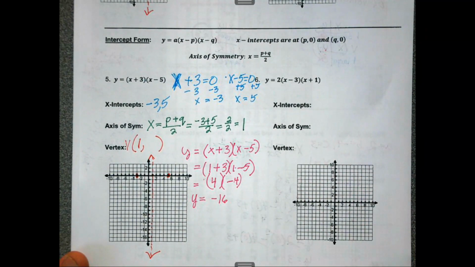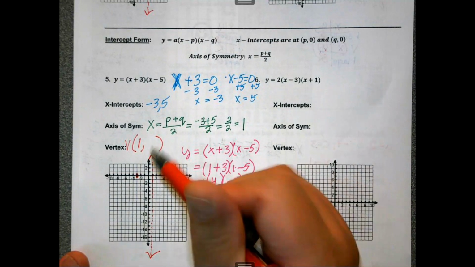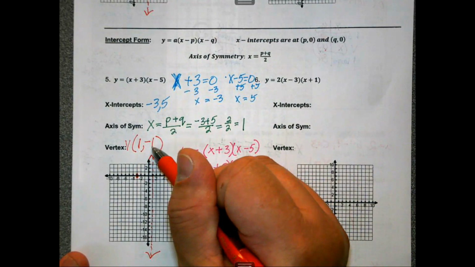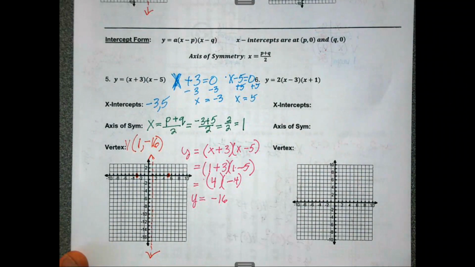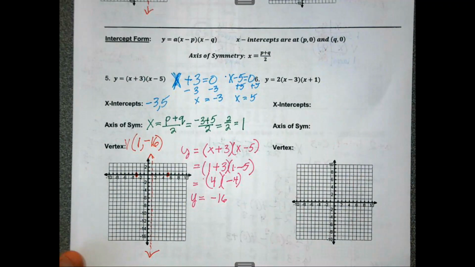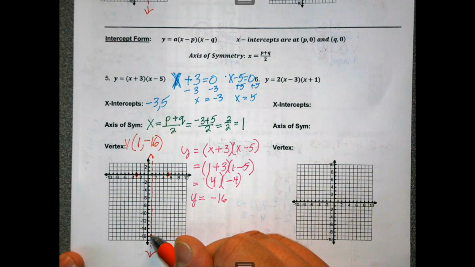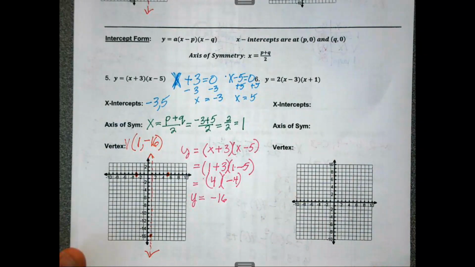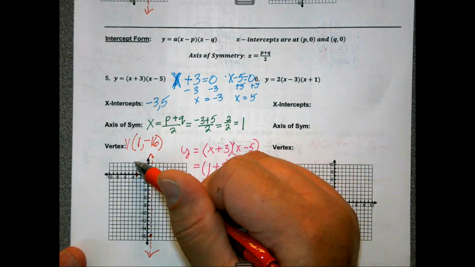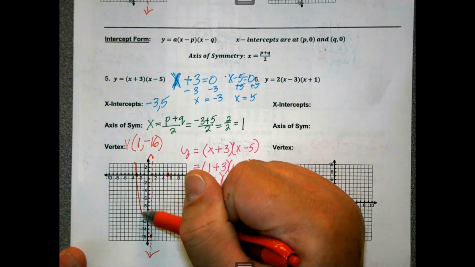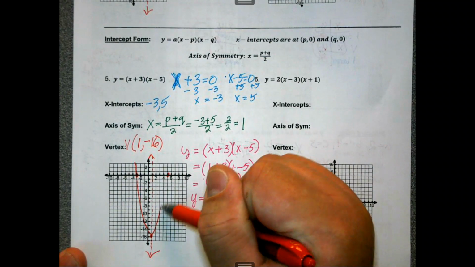So my y coordinate for the vertex is negative 16. Go ahead and plot it. 1, negative 16. And here's my parabola.